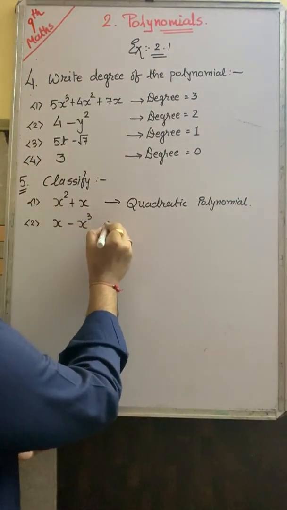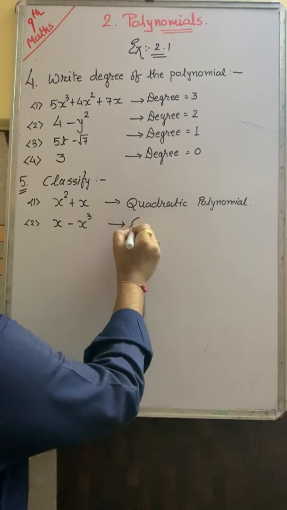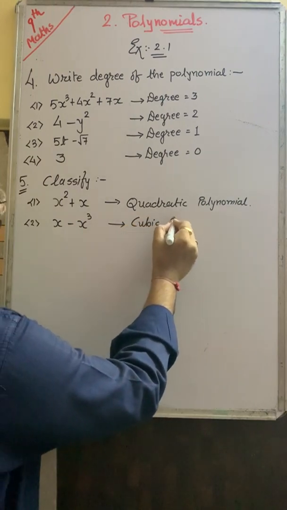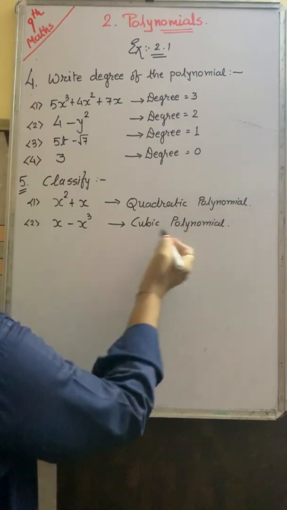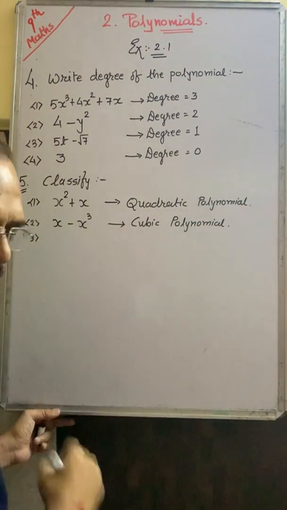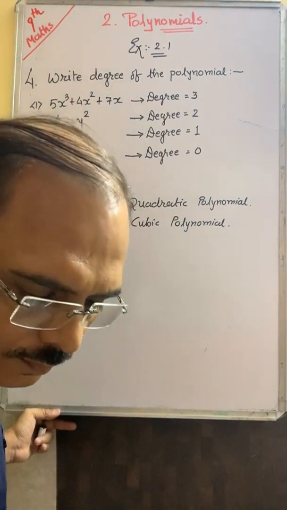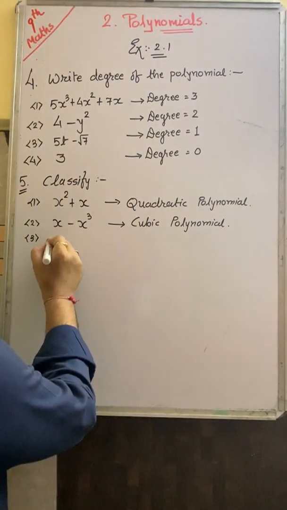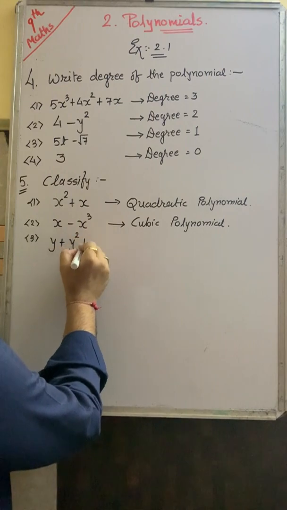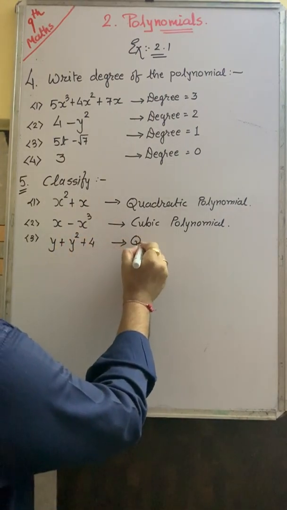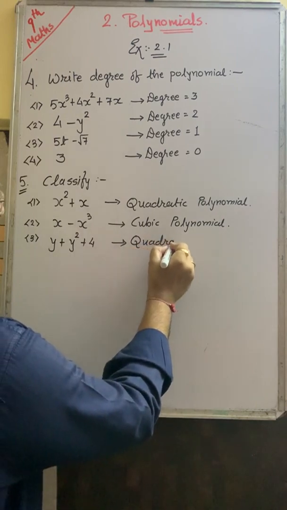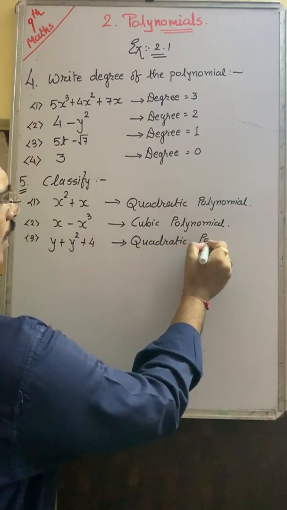Highest power is 3. If power is 3, then it is called cubic polynomial. Third question, y plus y square plus 4. Highest power or degree is 2. If degree is 2, then it is quadratic polynomial.